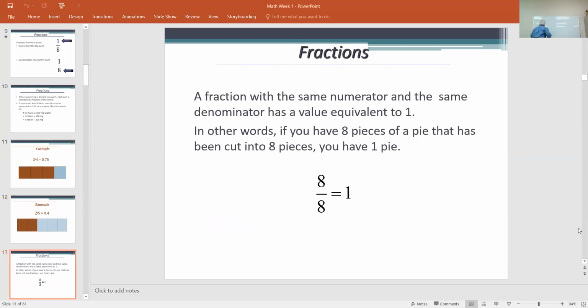So if we have, and please forgive my artistry, I am not an artist, a pie and we've divided it into 5 pieces, and we're going to assume that those are all equivalent size.